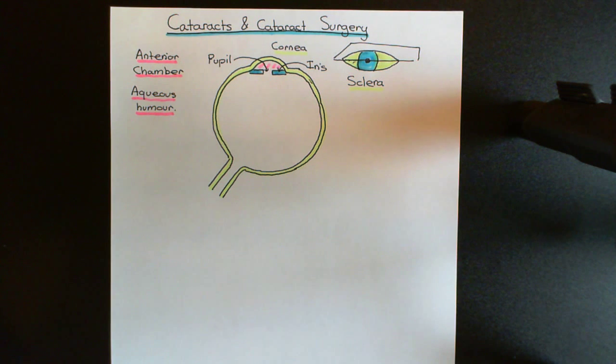Now let's go further back. So next what we're going to see is the ciliary body, which has two functional components. It has a muscle component and it also has a secretory component. The secretory component is going to produce the aqueous humour.